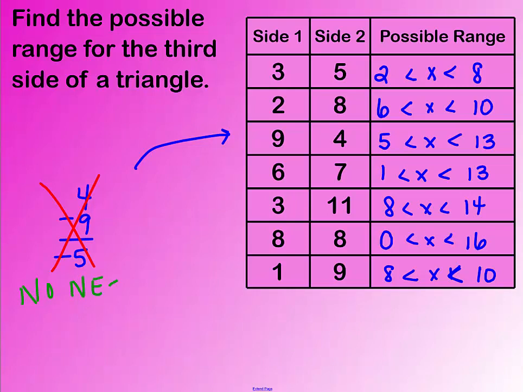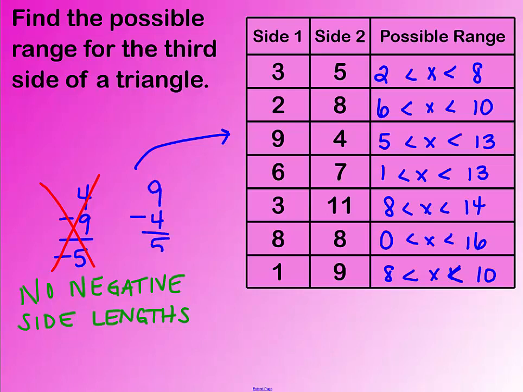So I would have to do 9 minus 4 to get 5. So just keep that in mind. I can't get any negatives.